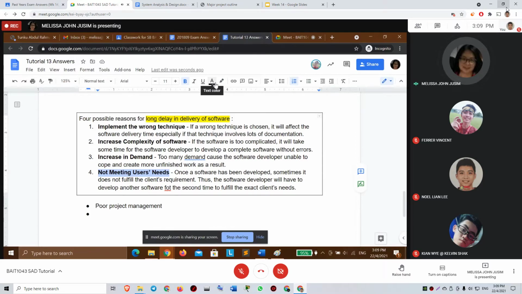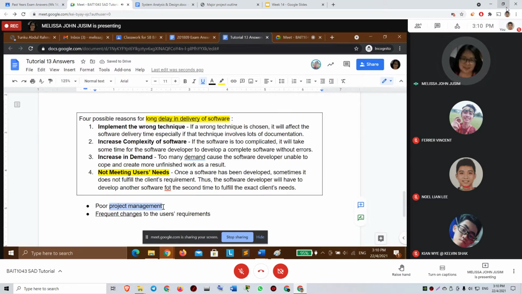When you're not meeting the user needs, what happens is frequent changes to the users' requirements. Because of this problem, they are doing frequent changes. These frequent changes lead to delay in the delivery. So I think this one should be clear enough.